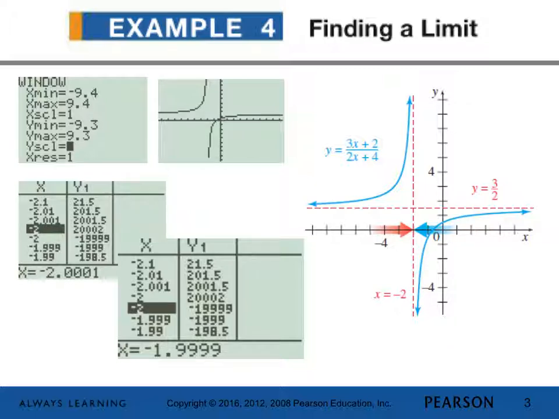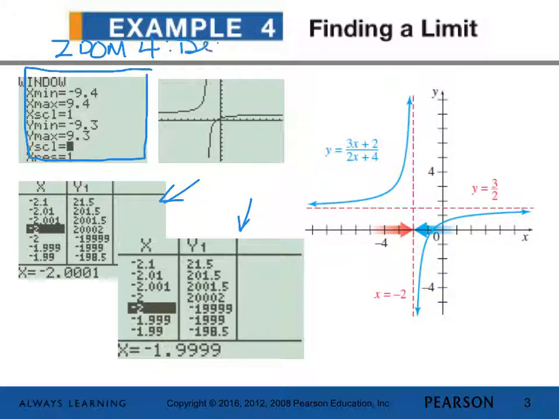And graphically, if we look at this function, now this is the table that I've been building for that function. And this is just a bigger version of the table. This is the window that I'm looking at the function on, so I think you'll find that pretty interesting, because the window I'm choosing is the decimal window times 2. To get there, what I did was I used the zoom button, and I did zoom 4, which is your decimal window.